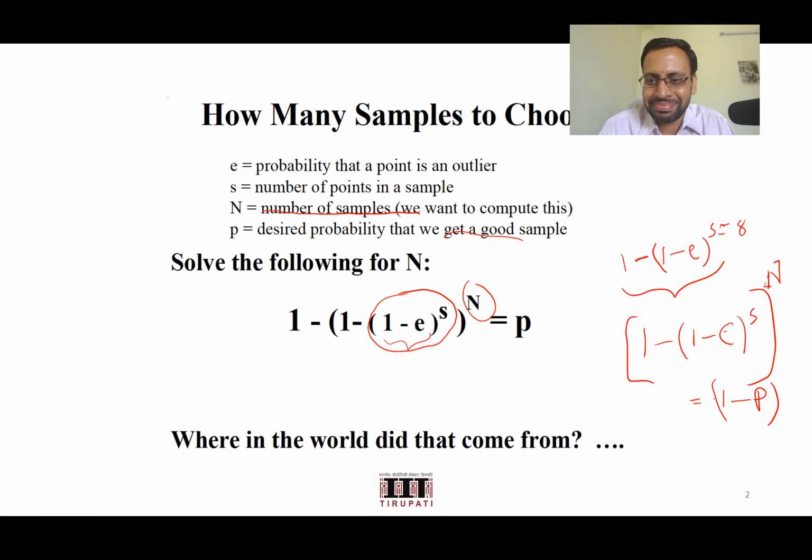Yes, sir. Could you just explain this once more? Yes, sure. First think about a single sample. In that sample, assume I am picking S points. Now, what is the probability that all S samples are inliers? Since the probability of an outlier is E, the probability of getting an inlier in one experiment is 1 minus E. The next one also should be an inlier, and here I make another assumption that you will not be picking the same point again.